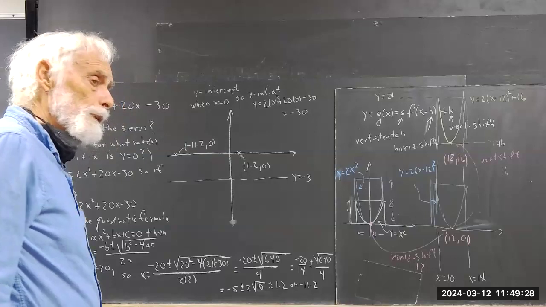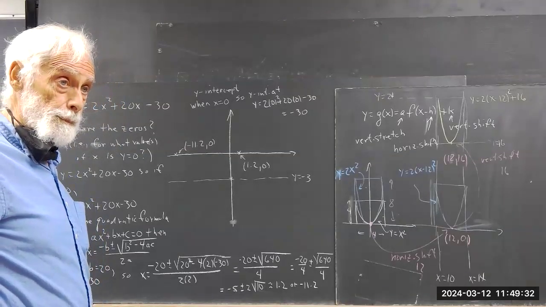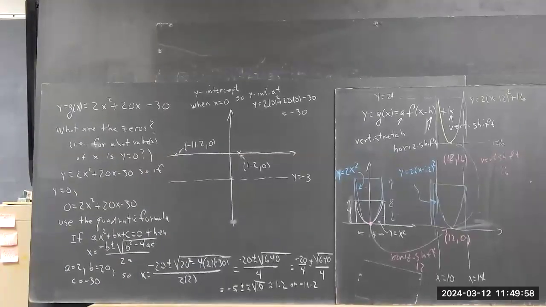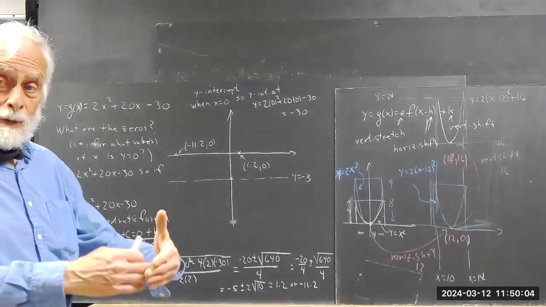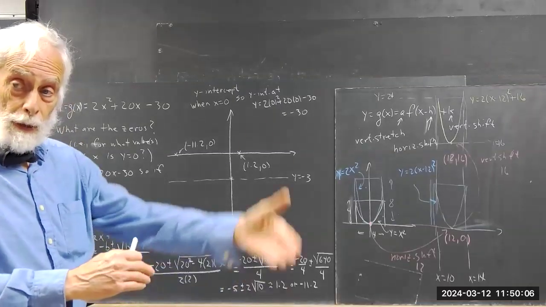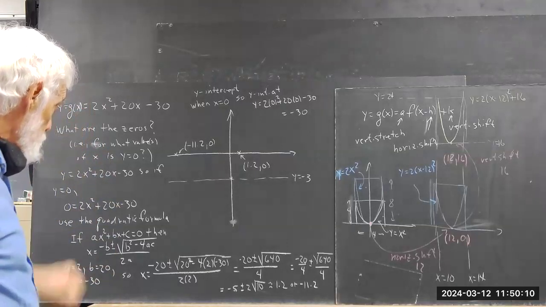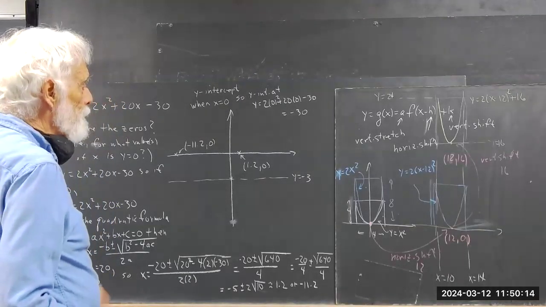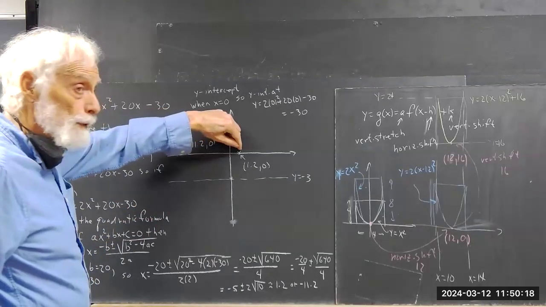Where's the axis of symmetry? It splits the parabola in half, so the parabola on this side is a reflection of whatever it is on this side. That means the axis of symmetry better be halfway between the 2 zeros, right?